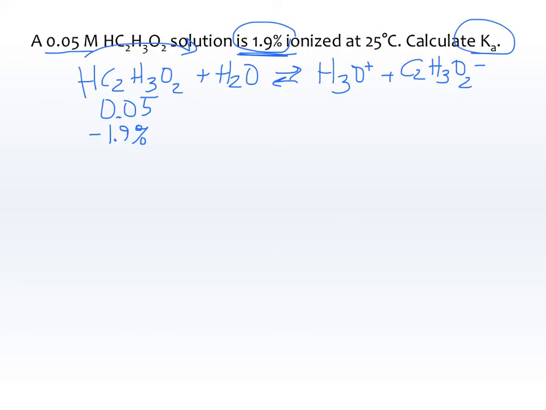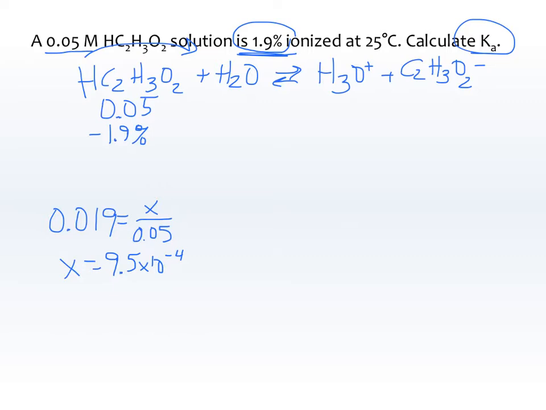So I'm going to have to figure out what 1.9% of 0.05 is. So 1.9% is 0.019. And if 0.05 was the whole, what is the part going to be? Let me make that 5 a little prettier. So 0.019 times 0.05, x is equal to 9.5 times 10 to the negative 4.